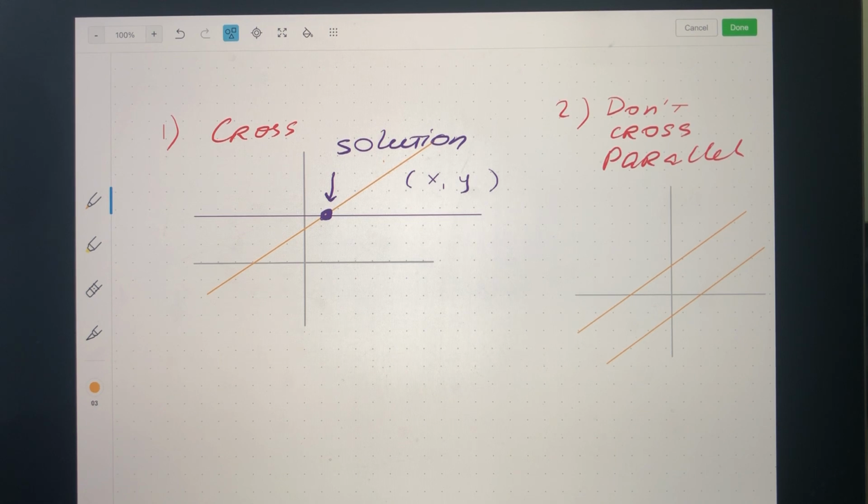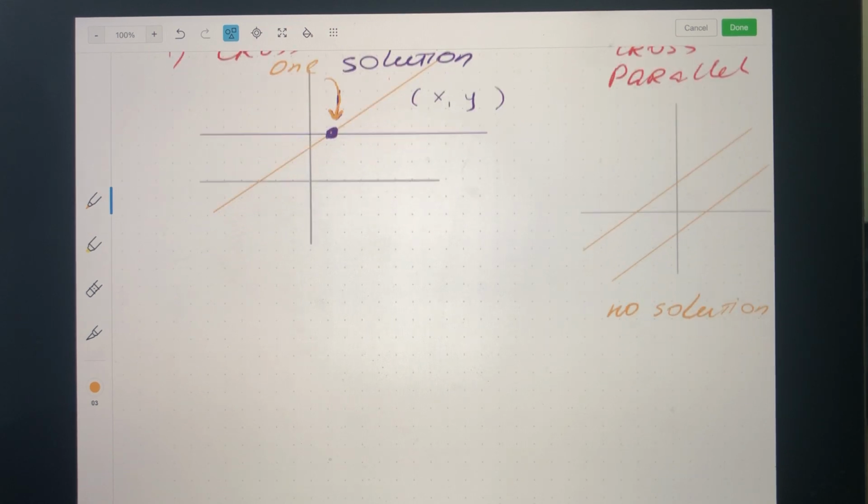So we're looking for a place where they intersect. That of course never happens, so there is no solution. Whereas here we have one solution, the place where they intersect.